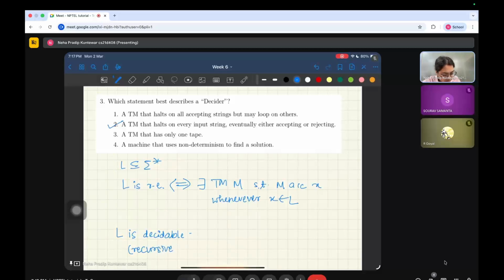Both are widely used notions and both mean the same essentially.